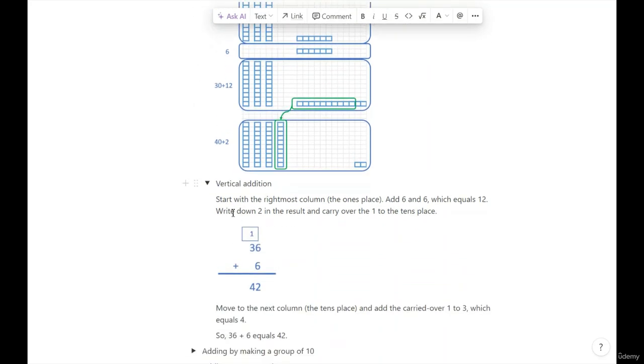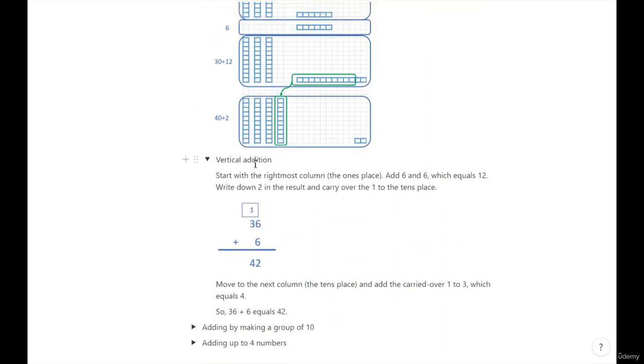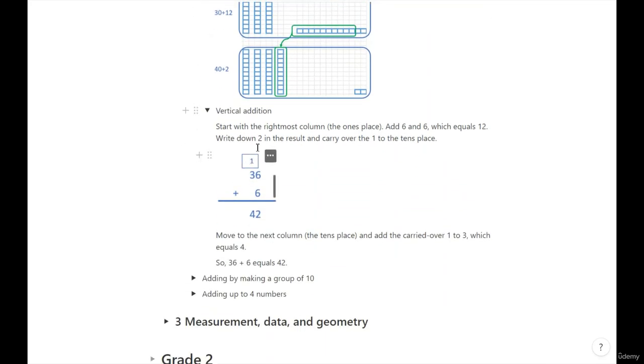We can also do it by the vertical addition method. Okay. Start with the rightmost column, that is the ones place. Add 6 and 6, which equals 12.